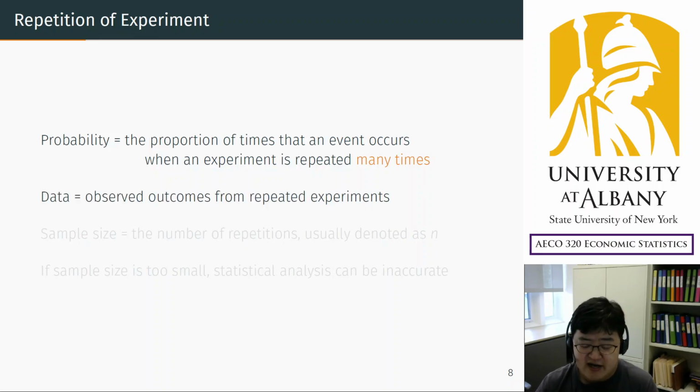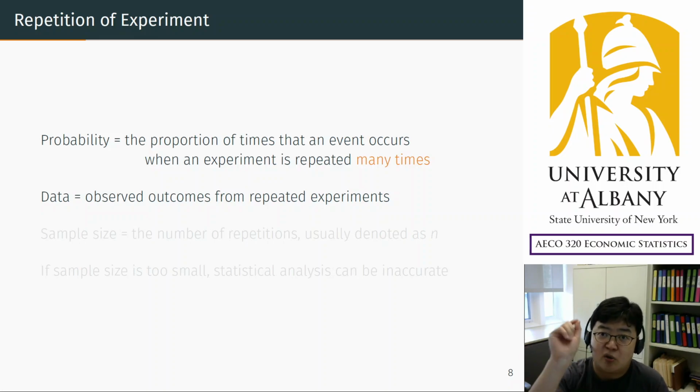And data. In a similar way, data can be defined as the observed outcomes from the repeated experiments. So when you repeat the experiment, the outcomes are the data. When you toss a coin 10 times and record the outcomes, that becomes your data.